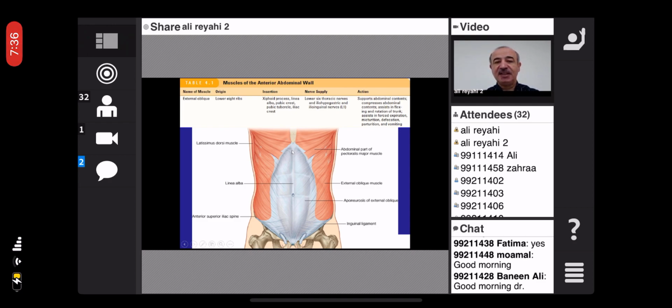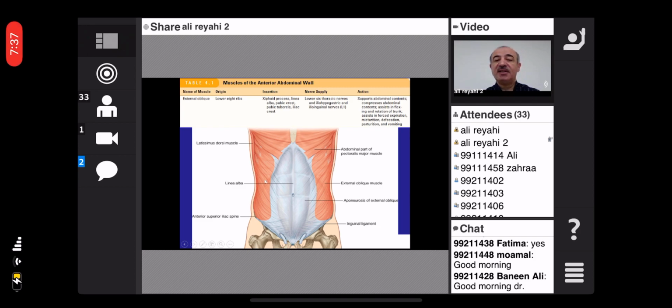You can see the insertion of this muscle: the linea alba, pubic crest and pubic tubercle, and some muscle fibers of the external oblique insert on the iliac crest in each side.